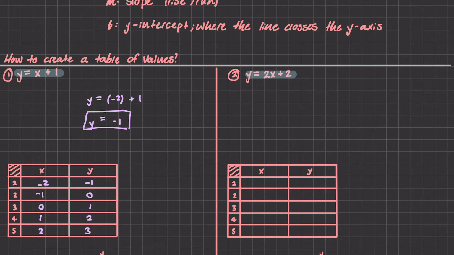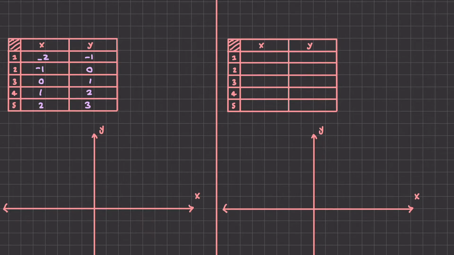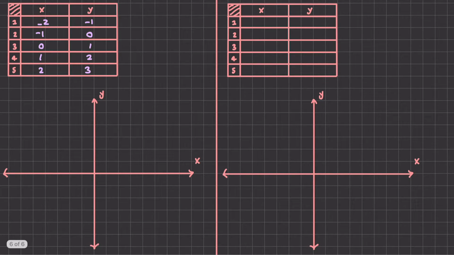We repeat this process for each value of x, and this gives us a set of y values. We can then use these values on the table to give ourselves a look at the graph.